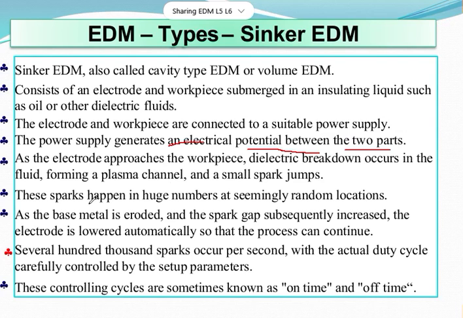And this spark basically happens in huge number at seemingly random locations. And the base metal is eroded, the spark gap subsequently increases, and the electrode is lowered automatically so that the process can continue. And this is basically the control cycle as pulse on time and pulse off time.